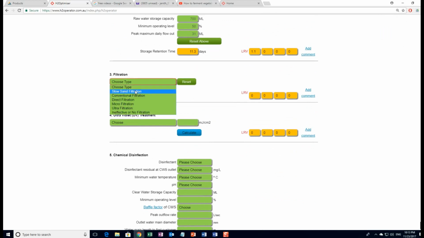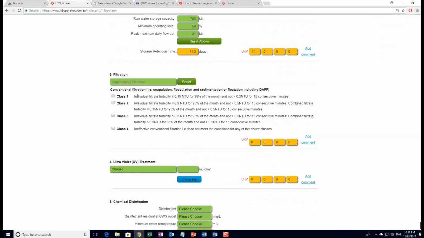Now to filtration. You can choose any type of filters here. I'm going to choose conventional filtration because I have a clarification process before that. So I'm choosing the traditional conventional filtration. Okay. There are 4 different classes of filtration, and as you can see, each one has certain criteria. So I'm going to choose class 3.